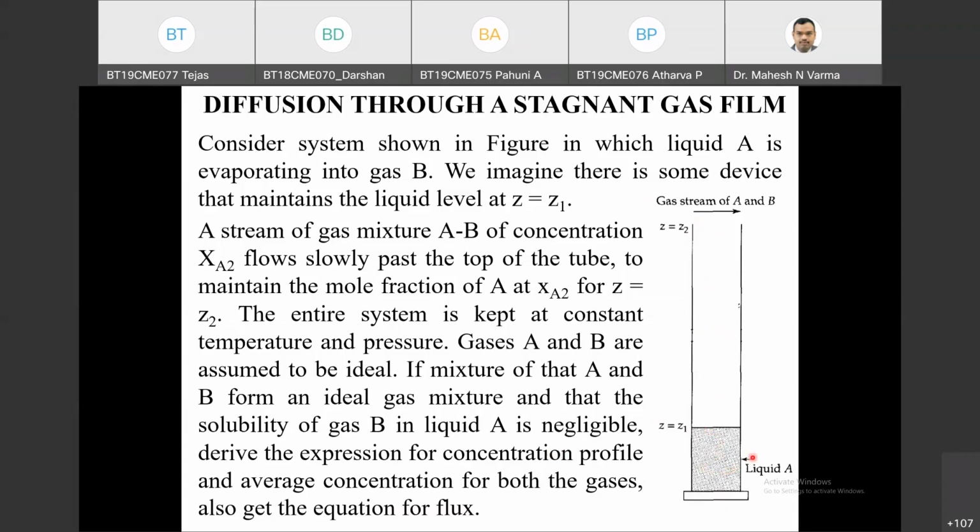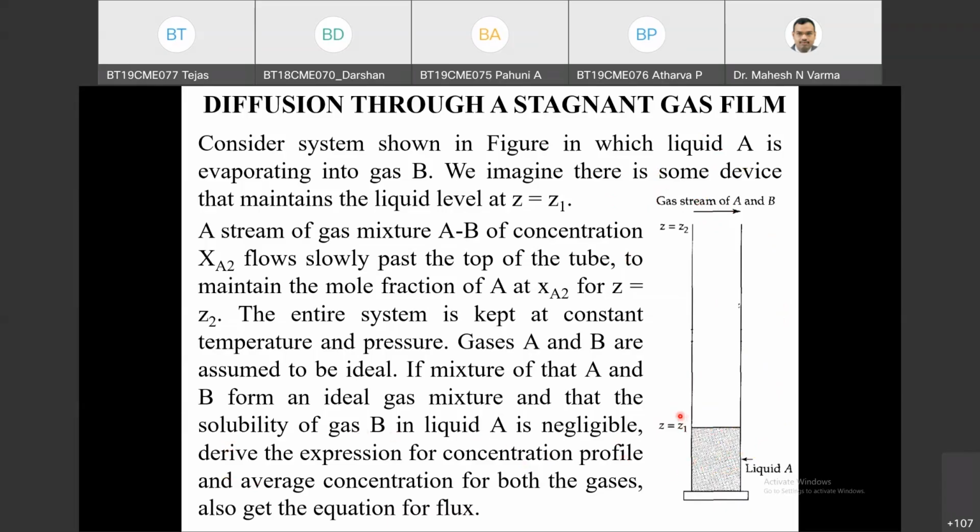While in case of A, what is happening here? Concentration is highest here and lowest here. Hence A is moving in here and continuously it is taken away by this gas stream. A is continuously moving in this direction. That is one assumption we are taking, based on the solubility of gas B in A being negligible.